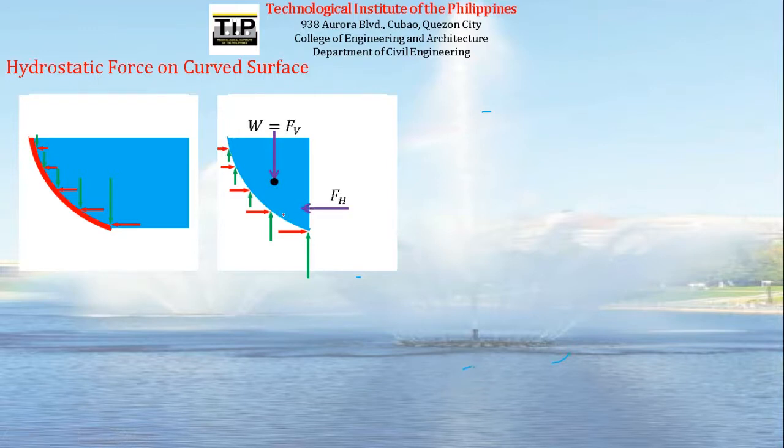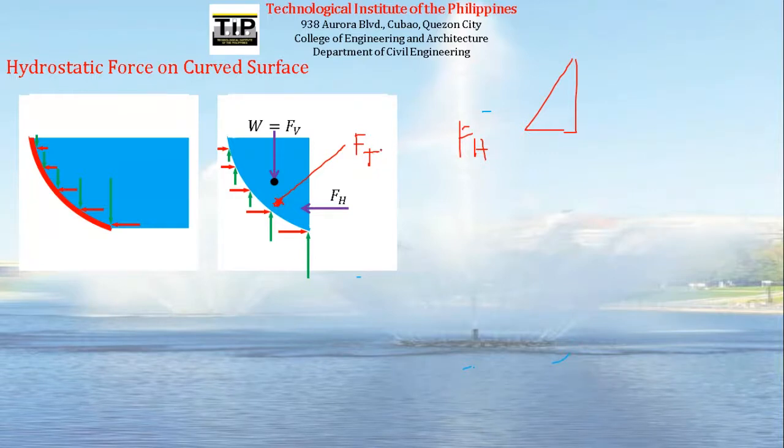Now, just like F sub H, we have the pressure diagram. We can represent these forces as a single resultant, and we can call that F sub T, or force total. Now, what is this F sub T?